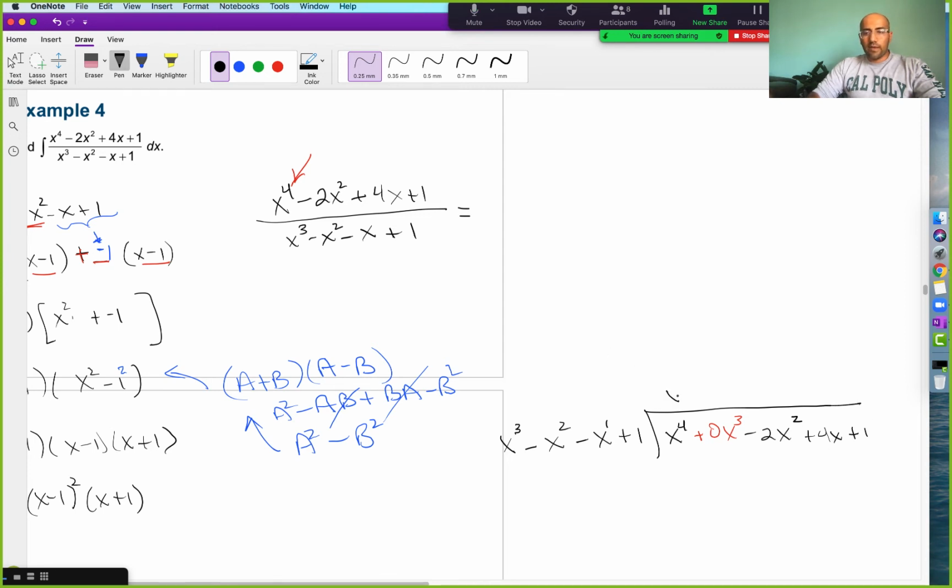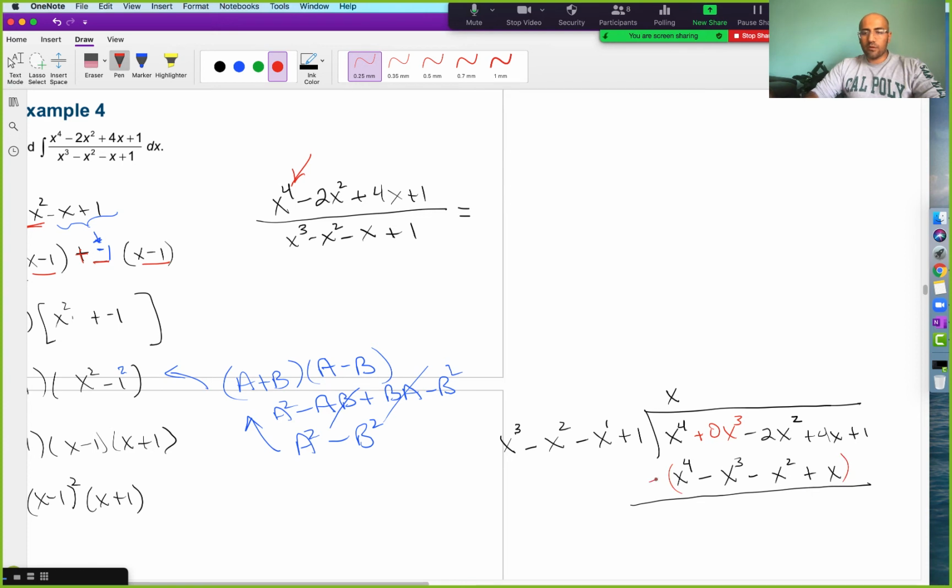Okay, so now x times that one is going to give me x to the power of 4. Make them look identical, including the sign. x times x cubed equals x to the power of 4, minus x times x squared is going to be minus x cubed, minus x squared plus x. Good. Now distribute a negative 1 and add down.